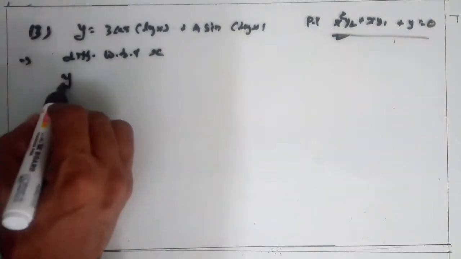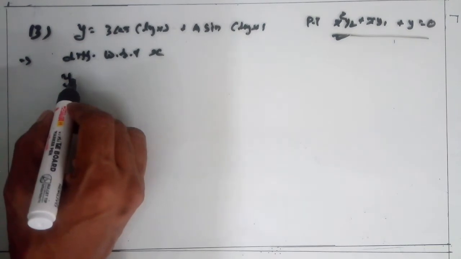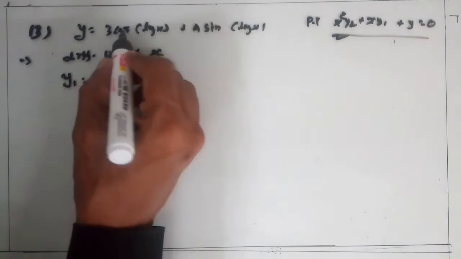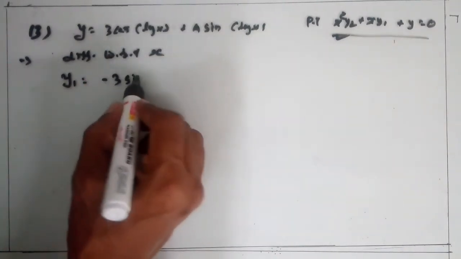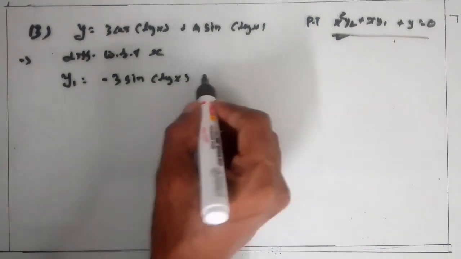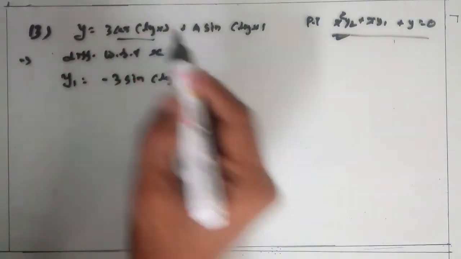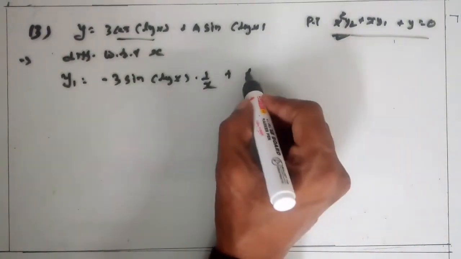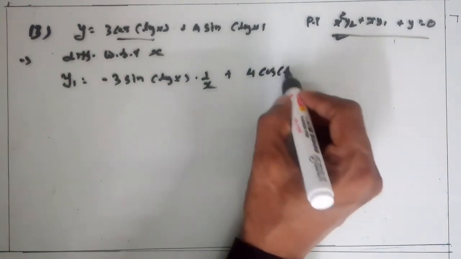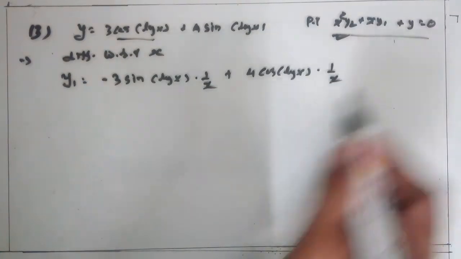Here we get the first derivative, y₁, is equal to 3 times the derivative of cos, which is minus sin(log x), into the derivative of the log function, 1 upon x, using the composite law, plus 4 into the derivative of sin, which is cos(log x), into the derivative of the log function, 1 upon x.